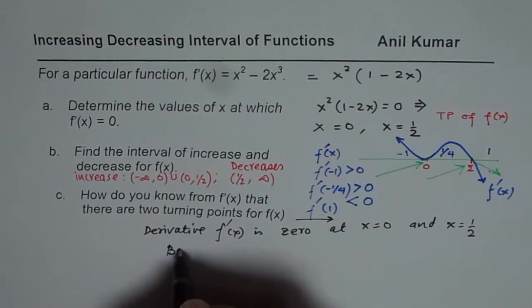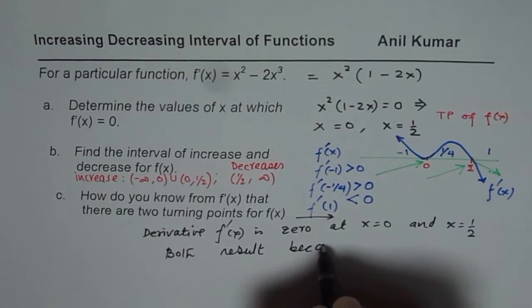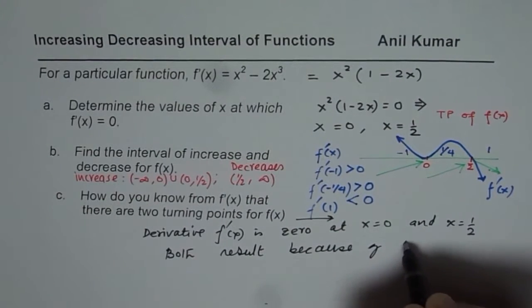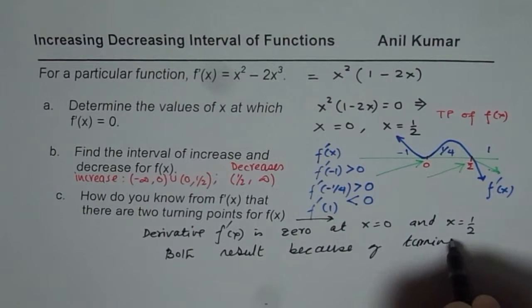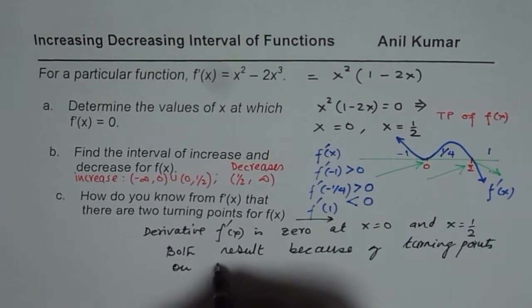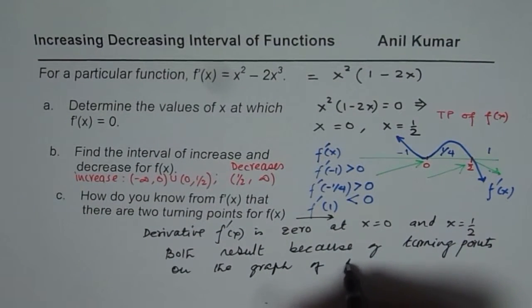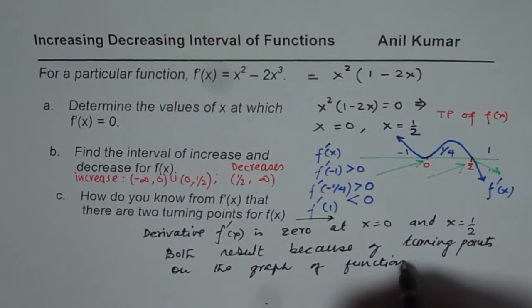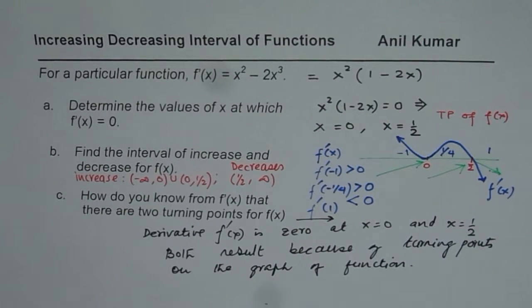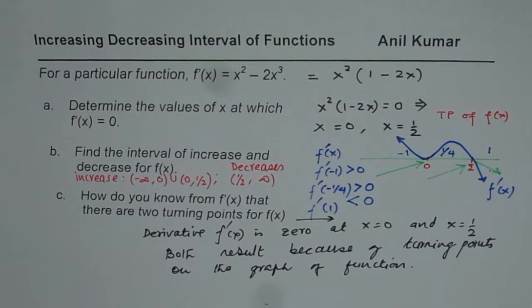Both result in turning points on the graph of the function. So the function will be of degree 4 and it will have turning points at both these points. That is how we could answer this kind of question. I hope that is clear. Thank you and all the best.